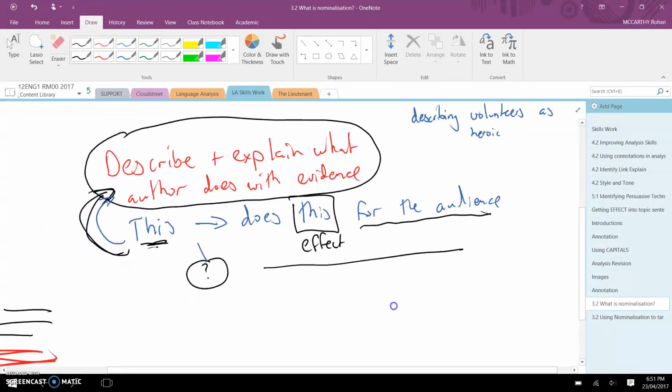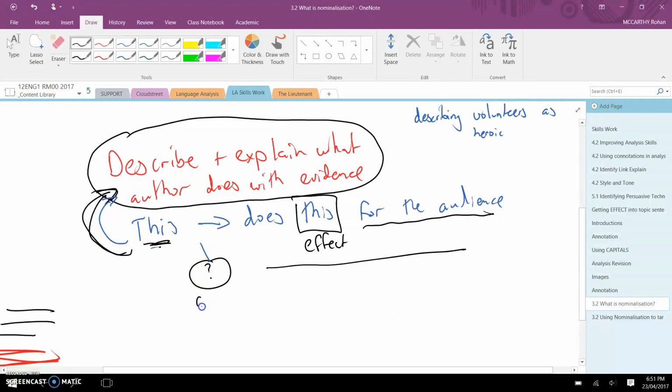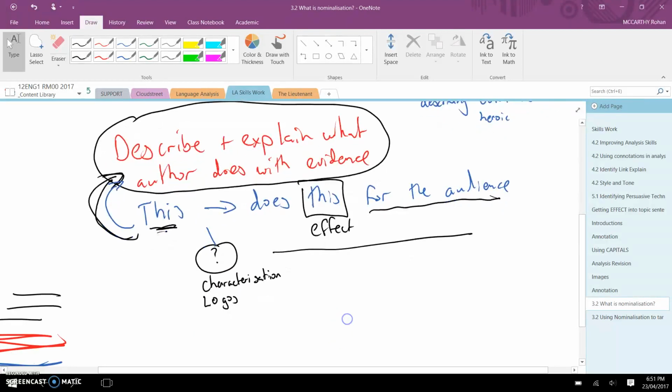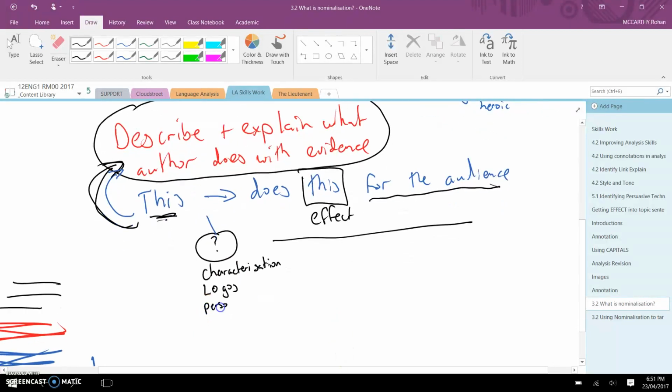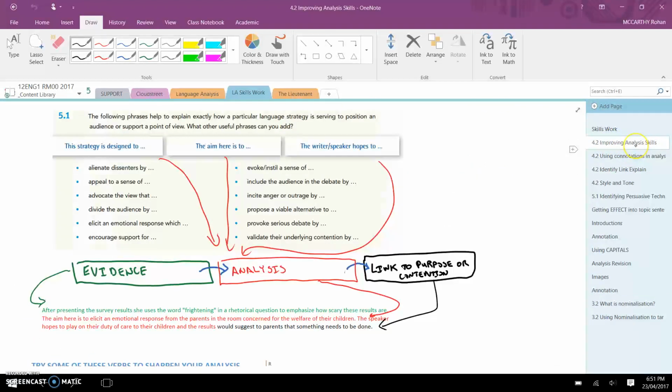So we could do that by saying this characterization, this logos, this personification, this strategy. Okay, and if you want some more ideas as to how you can do that, have a look at 4.2, Improving Analysis Skills, and you'll see that there's a whole lot of ways that you can actually talk about effect.